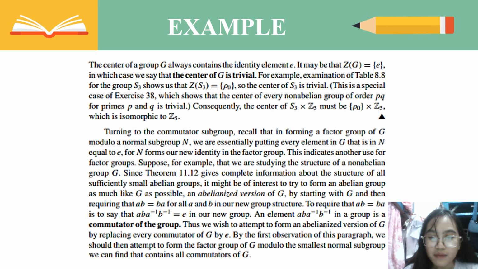An element aba inverse b inverse in a group is a commutator of the group. Thus, we wish to form an abelianized version of G by replacing every commutator of G by E. By the first observation of this paragraph, we should then form the factor group of G modulo the smallest subgroup we can find that contains all commutators of the group.